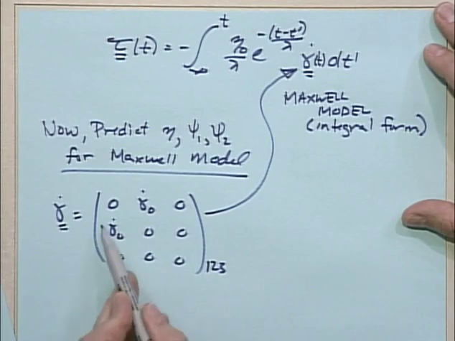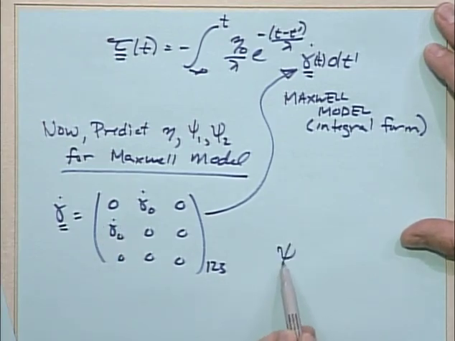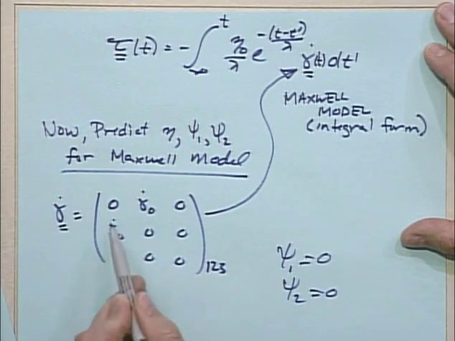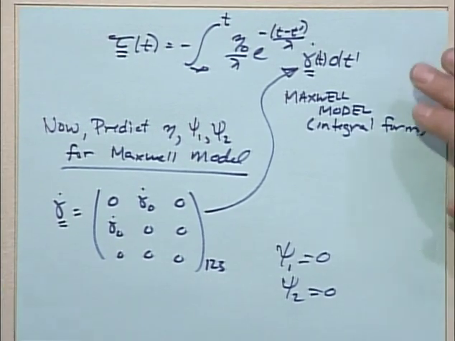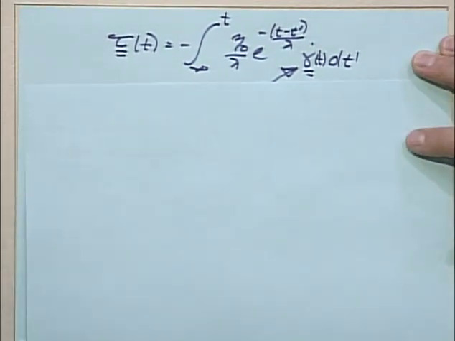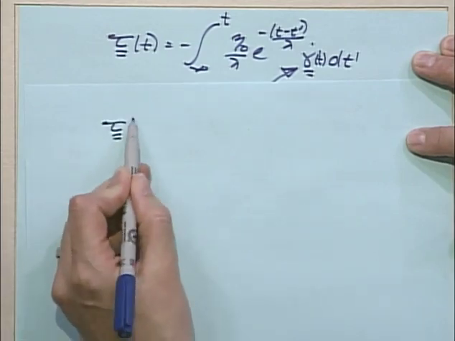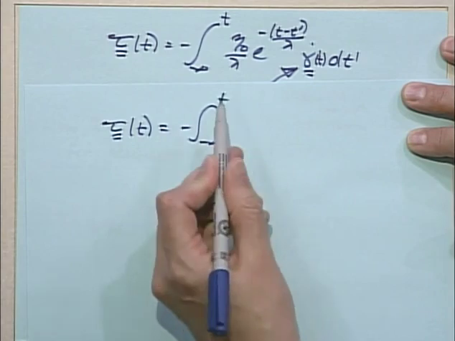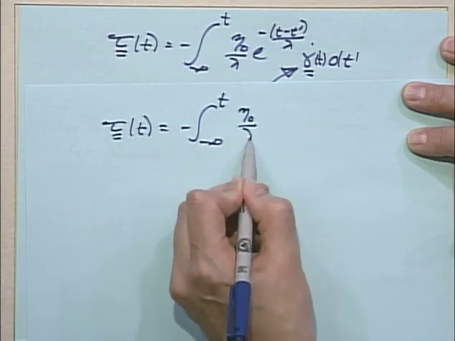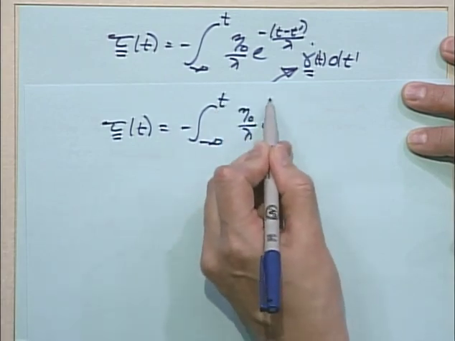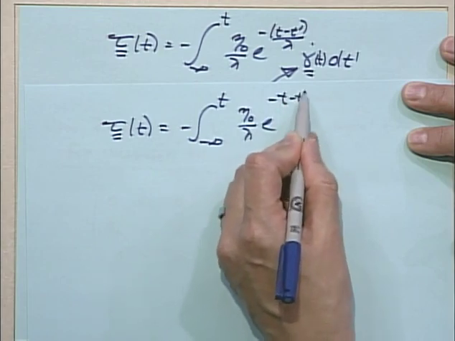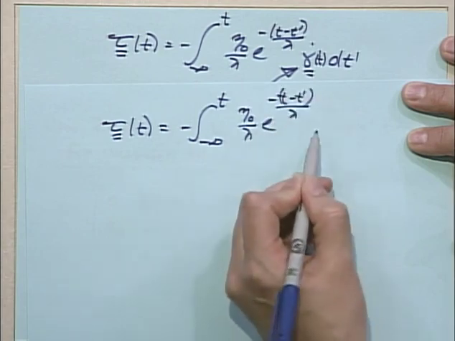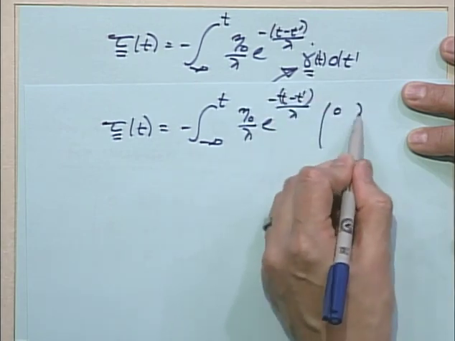And so we're just going to get the viscosity from this tau 2,1 position. All right, so let's put it in there. Tau at the current time t is equal to minus the integral from minus infinity to t of these constants, these variables, and then this tensor.